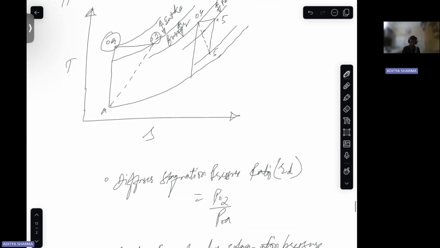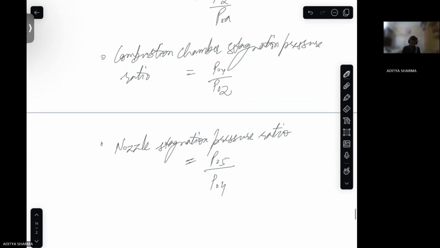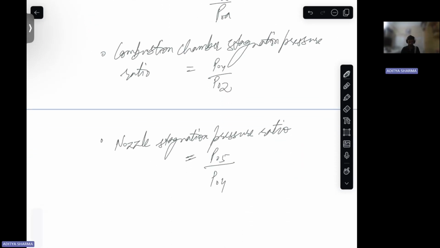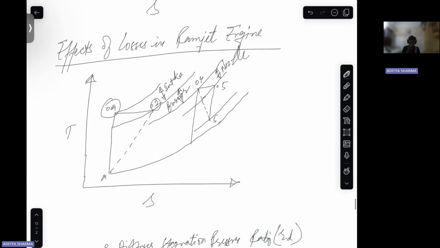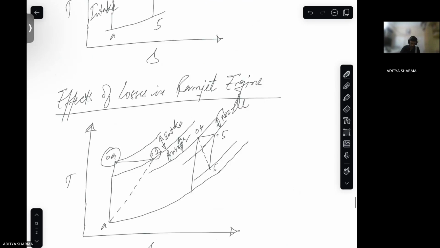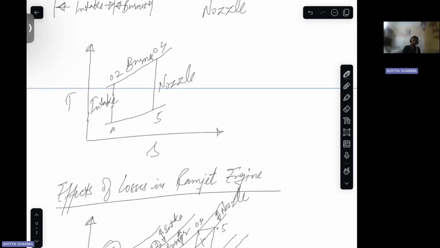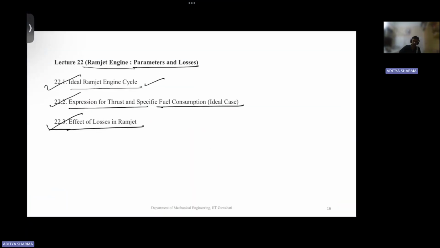Here also P05 is less than P04. So this is your real case scenario for your ramjet engine with losses. Okay. So we don't have a compressor here in this ramjet engine. This we have to remove. And this is used at supersonic speeds. Okay.